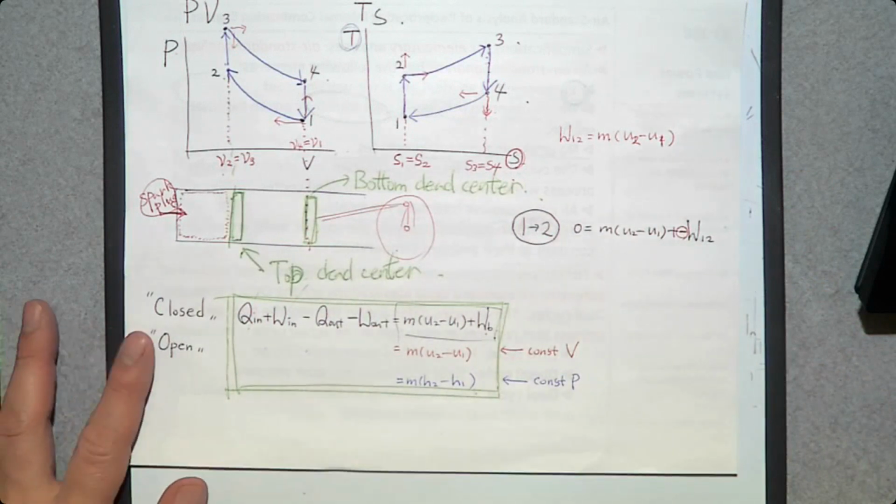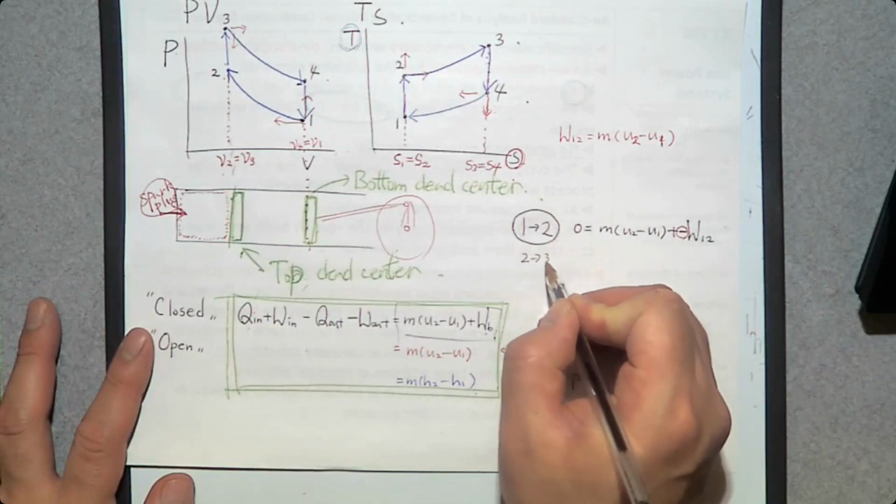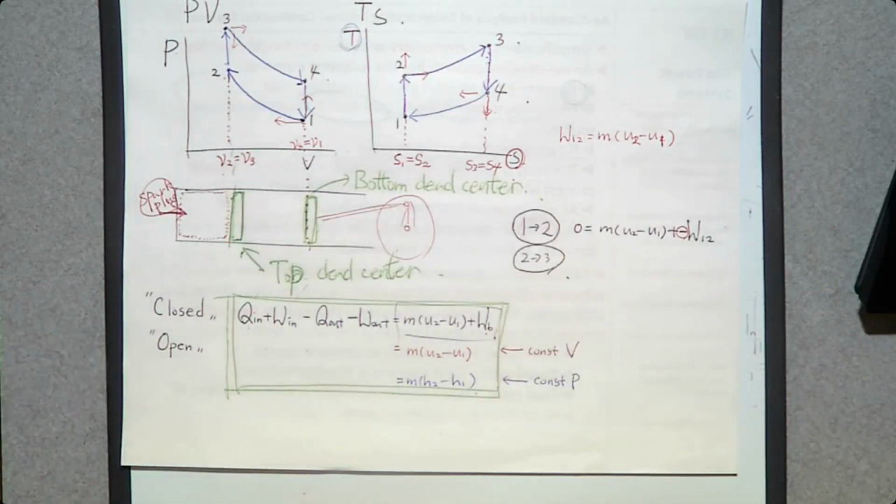And the next one, process 2-3, what happens? Heat is going to be added between 2 and 3. So we have a Q in. Is there W_b? No, it's a constant volume process. So mass times U2 minus U1. However, it is between 2 and 3.